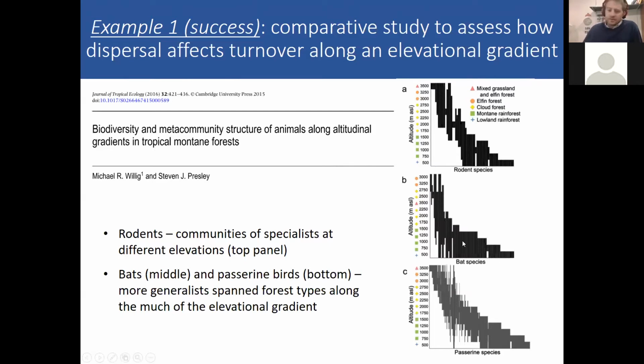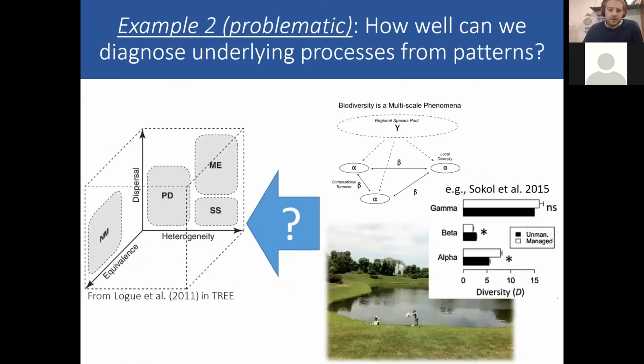And for things that are flight capable, there's much more overlap in community composition amongst the forests. So there's a strong influence of dispersal when comparing these different groups of organisms. And so they were able to look at a pattern and infer the importance of dispersal as a process.